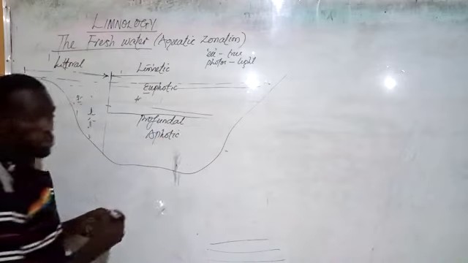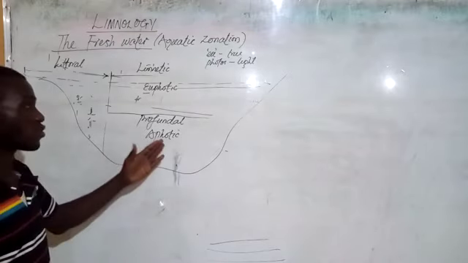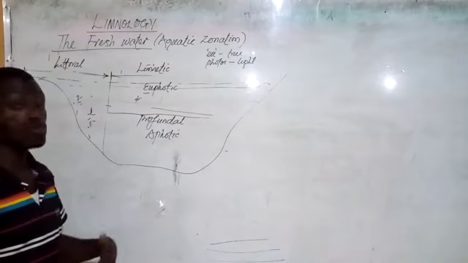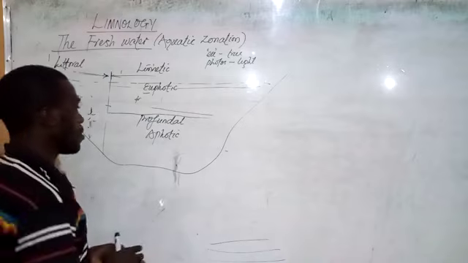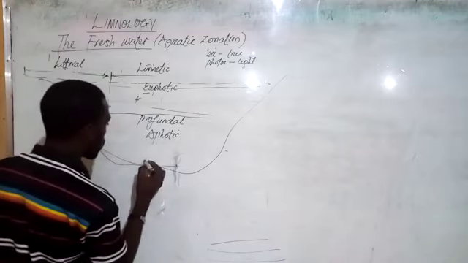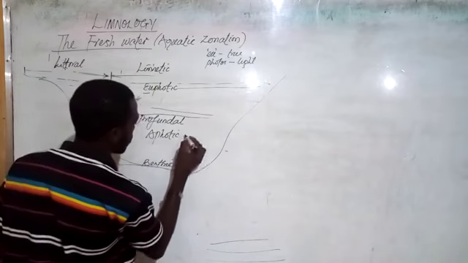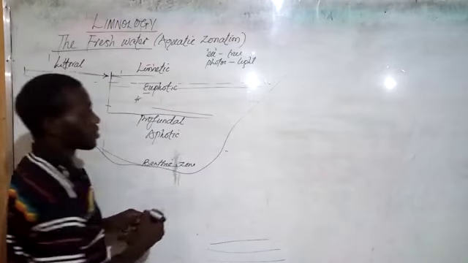In some classifications, the profundal zone is the same as the aphotic zone, because the profundal zone doesn't enjoy as much light. Then, all of the region lining the bottom is called the benthic zone or the benthic region.